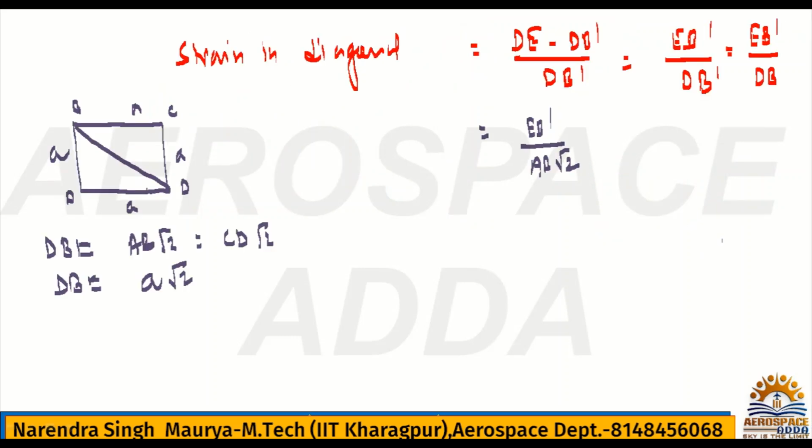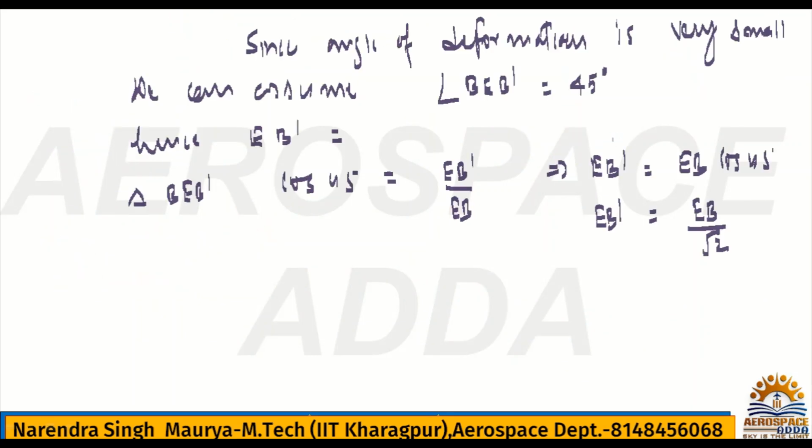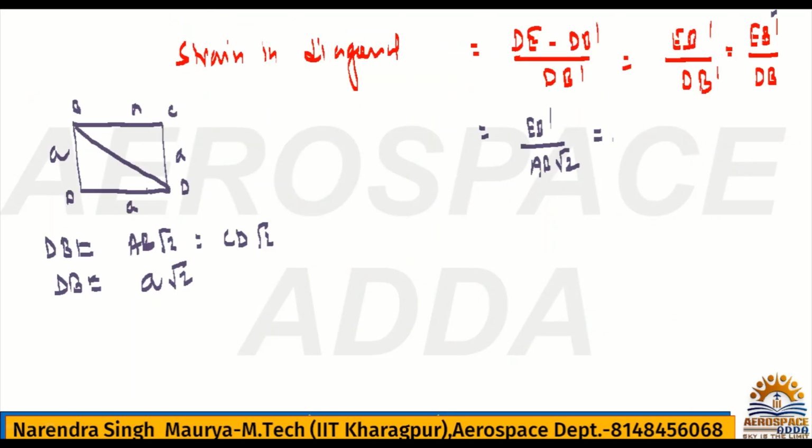Why it is required? Because here you have to keep the value of EB dash. You can check here EB dash. What is the EB dash here? You just now have written it is nothing but EB divided by root 2. You have to write this. EB divided by root 2 divided by EB.